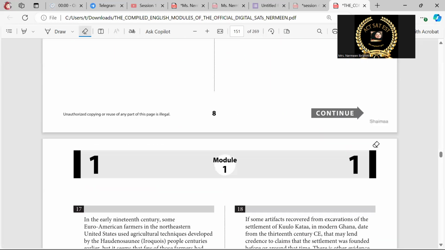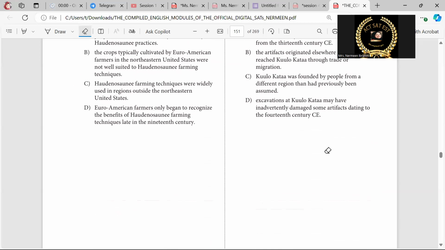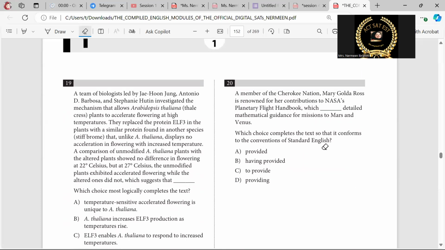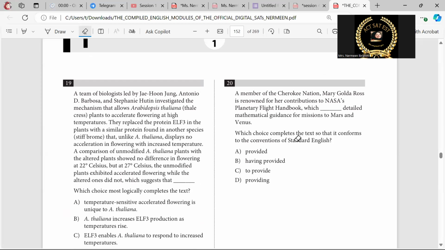So you must see in the question prompt the English conventions, conventions of standard English. This means that you started seeing the grammar questions. This is a grammar question, and we covered the topic.